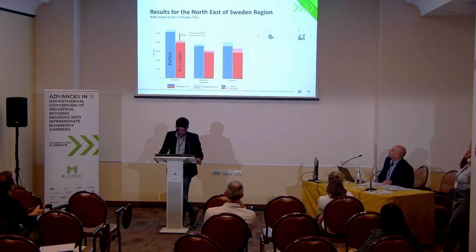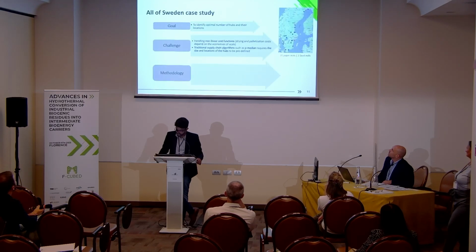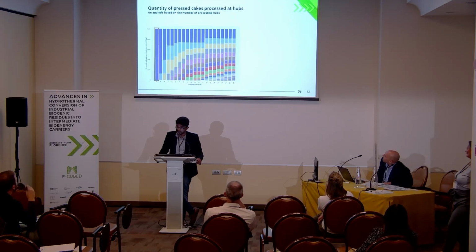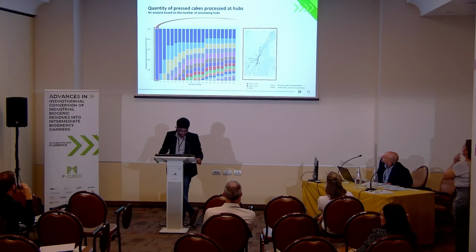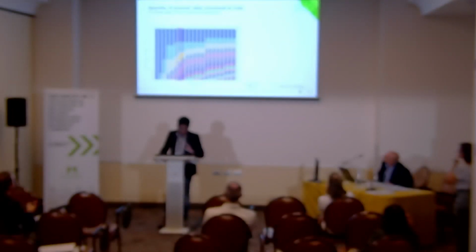Sorry, the hub case. Yeah, because here from number 13 to 14, everything jumps quite significantly. So what's the main difference between going from 13 to 14? I'm just curious. So this is the 7 hub case.